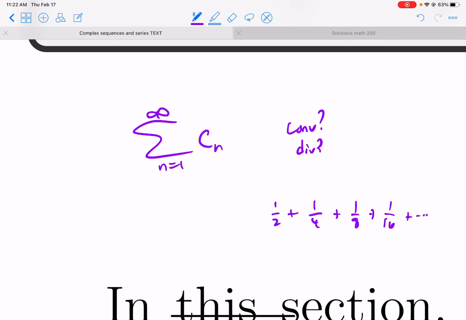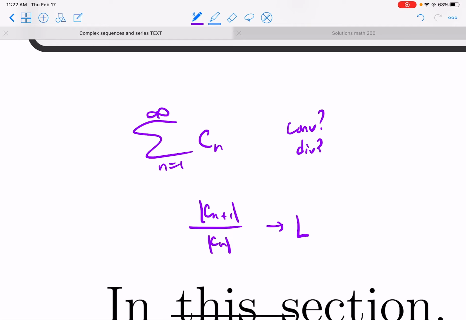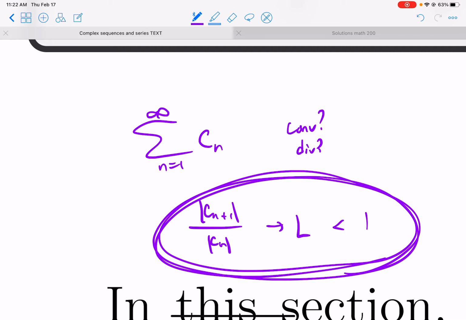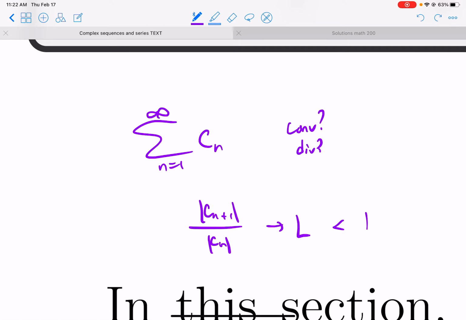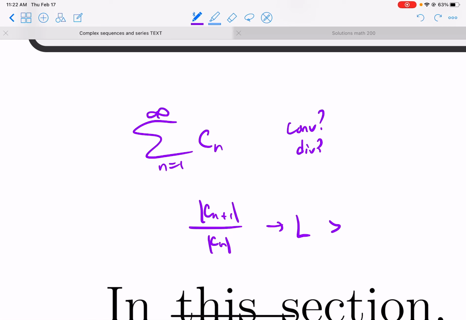We know exactly when these converge or diverge, depending on whether the common ratio is less than 1. So look at the ratios here. Do the ratios of these numbers approach some number which is less than 1? Then we can compare to a geometric series and show that this converges. If it converges to some number greater than 1, what happens there? That's the next part of the proof.